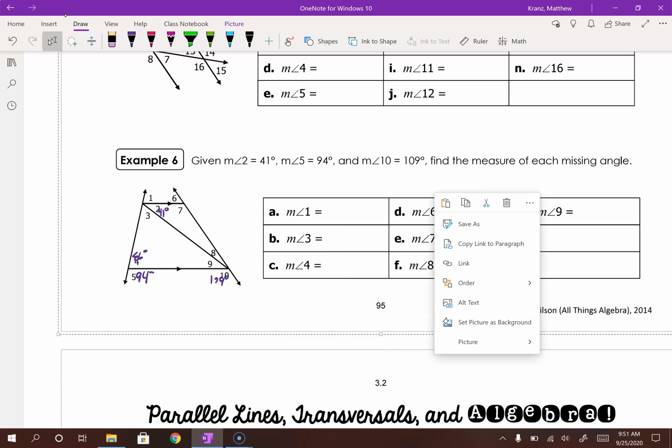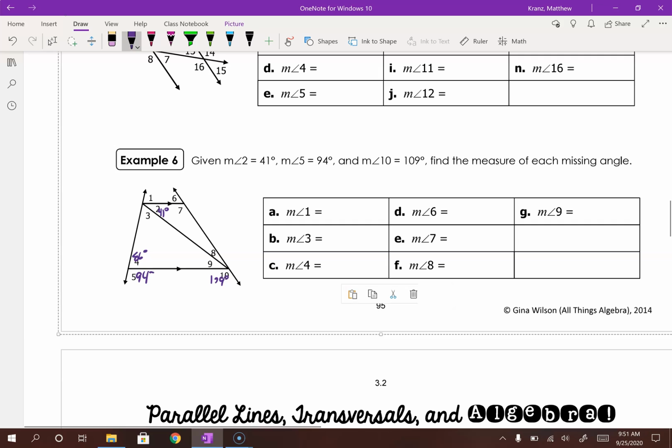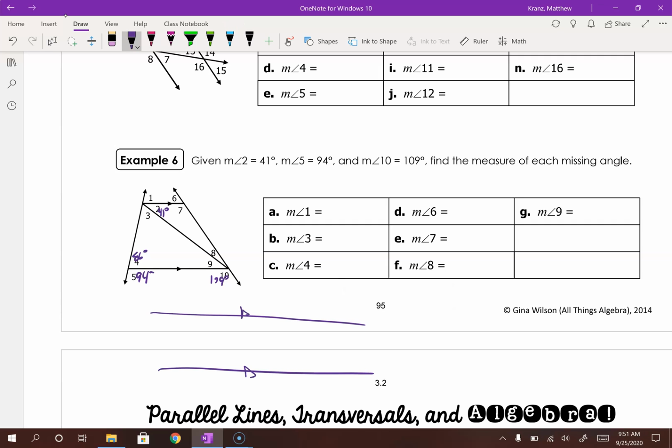Now, when I look at stuff, I see that I have two parallel lines, one that goes this way and one that goes that way. And I see I have a transversal, right? If you think about it, this right here, that's a transversal. We also have another transversal over here. It just goes on and on, right?